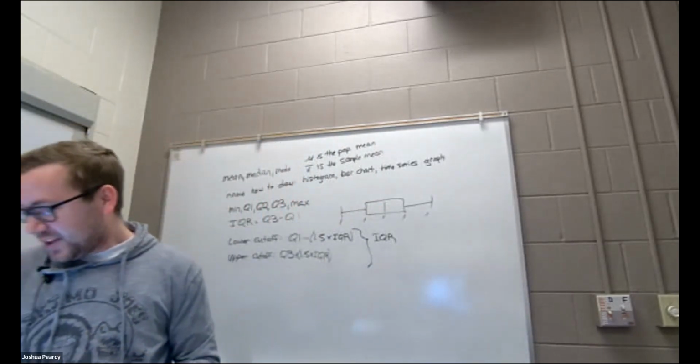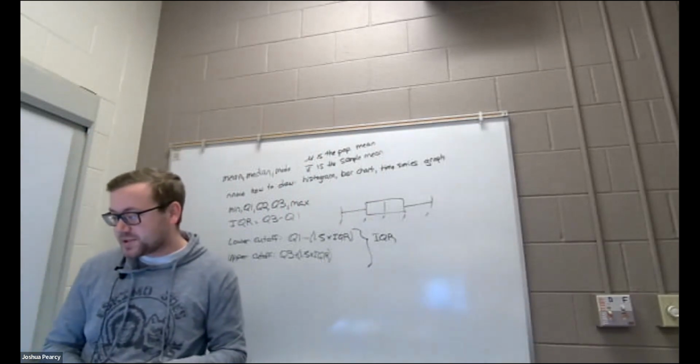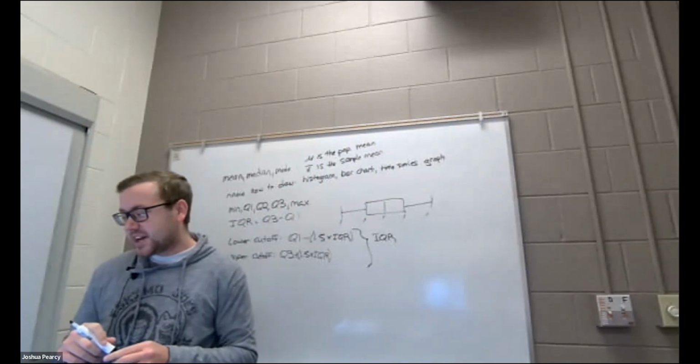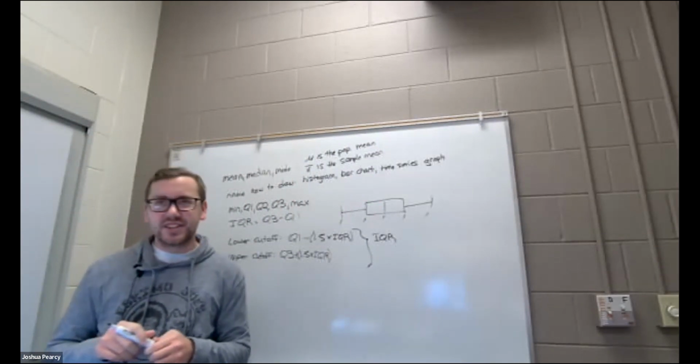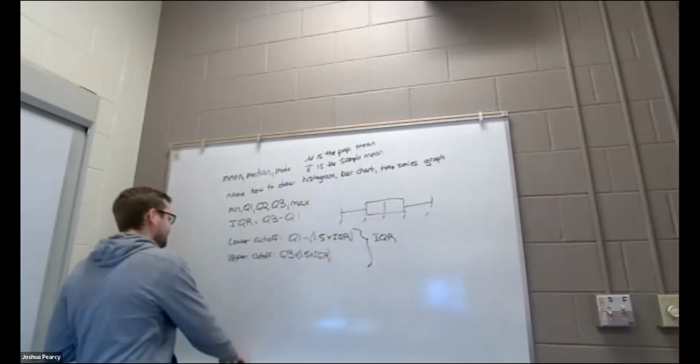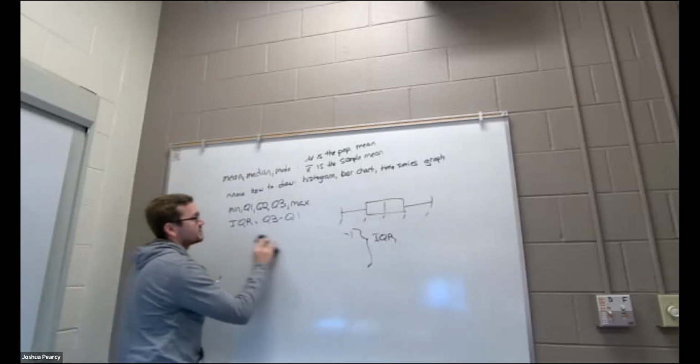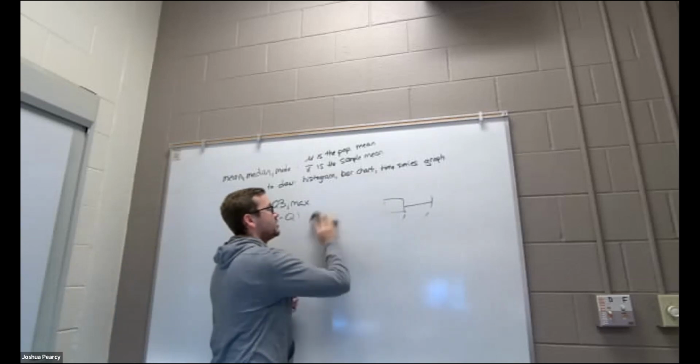So, the final chapter we talked about was probability. So, know what the sample space is and what the definition of it is. The sample space is the set of all possible outcomes of a probability experiment.